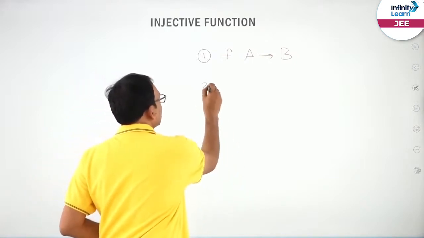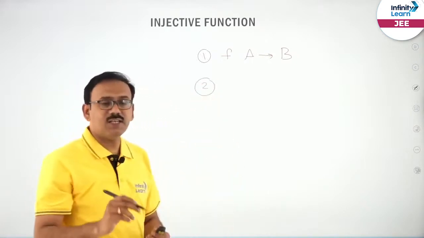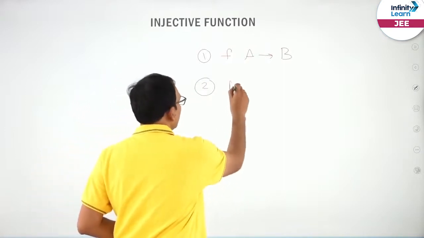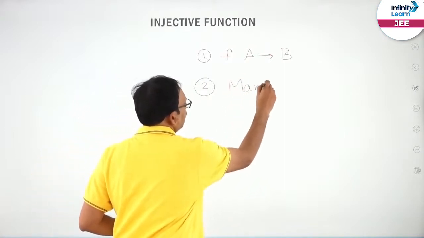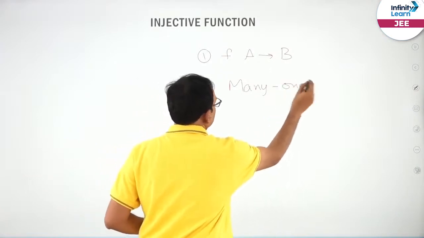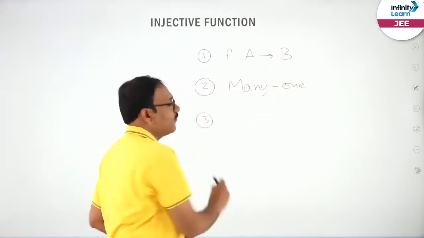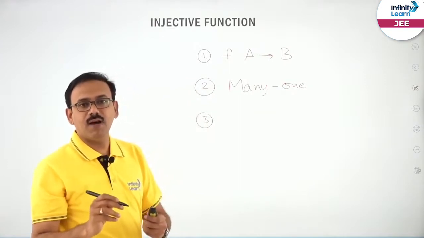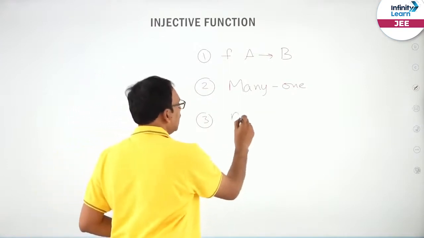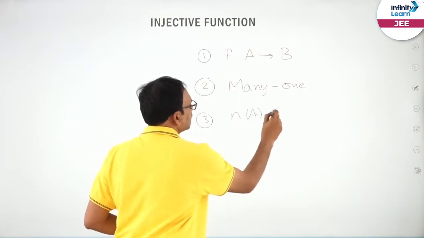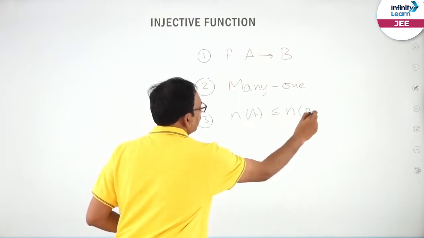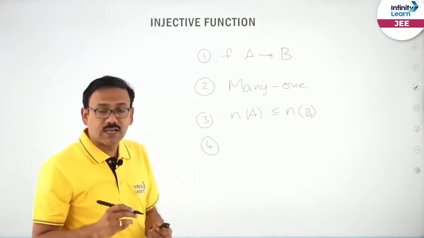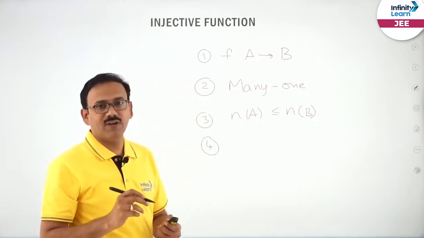Then point number 2, if a function is not 1-1, we call it a many-one function. Then point number 3, if f from A to B is a 1-1 function and A, B are finite sets, then n(A) is less than or equal to n(B). Then point number 4, how to check whether a given function is 1-1 or not.